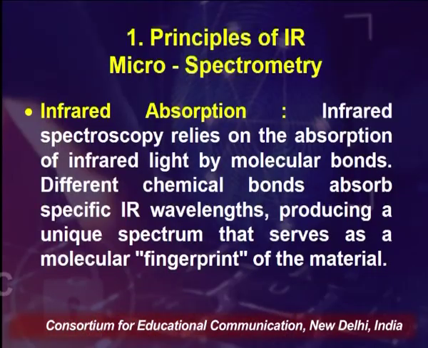So, there are certain steps taken for IR spectrophotometry. We know the principle of IR microspectrophotometry is infrared absorption. Whenever any substance or evidence is there, it relies on the absorption of IR light by molecular bonds. Various chemical bonds absorb specific IR wavelengths and produce a unique spectrum, which we call the molecular fingerprint of the material.